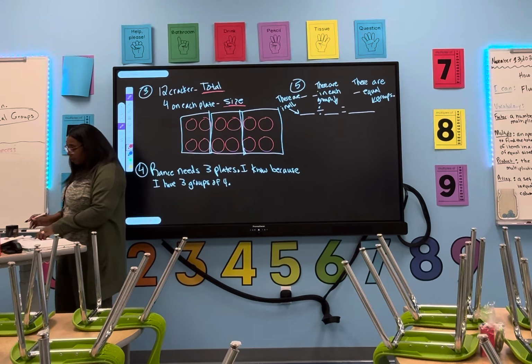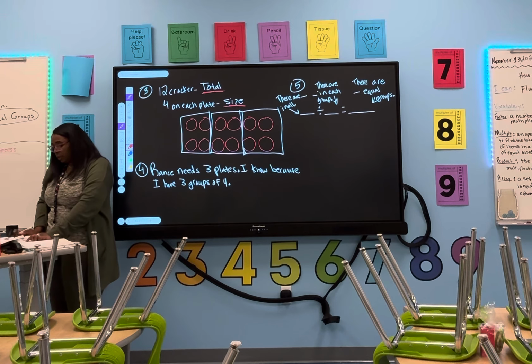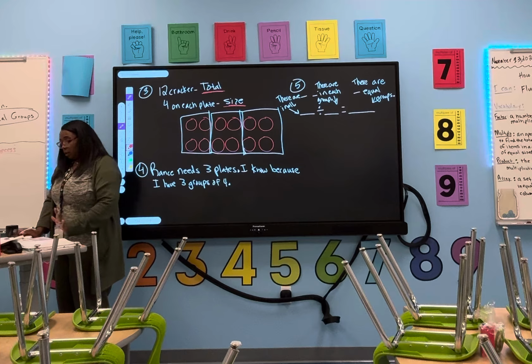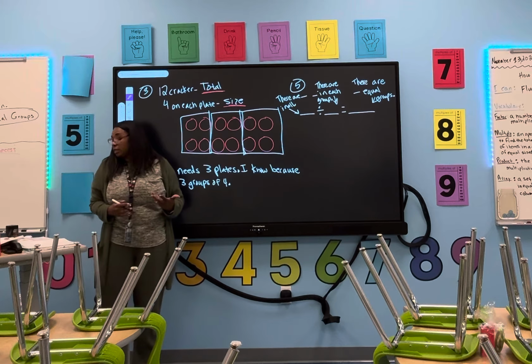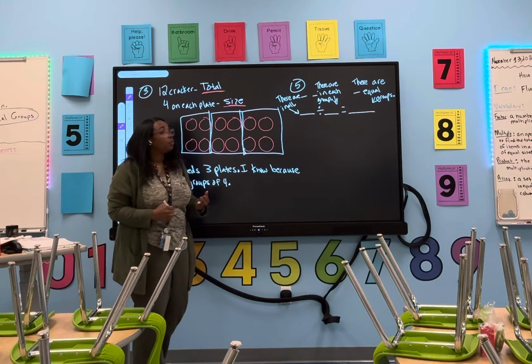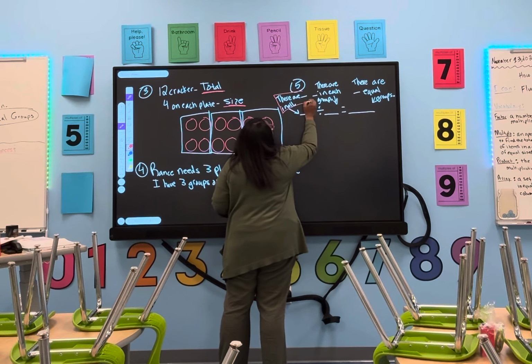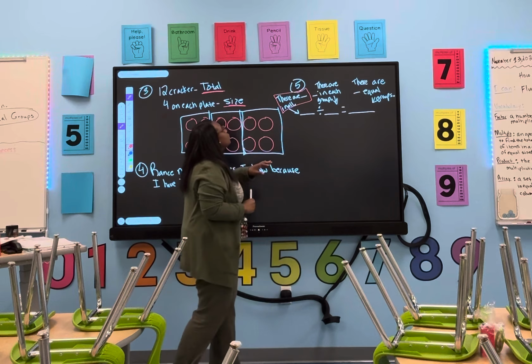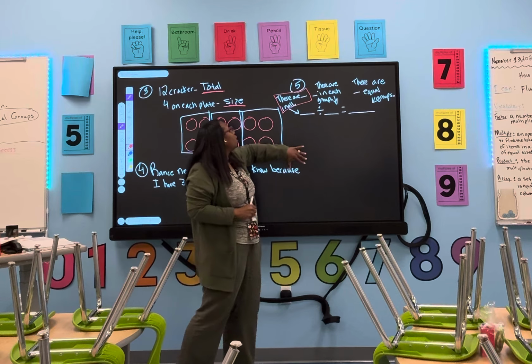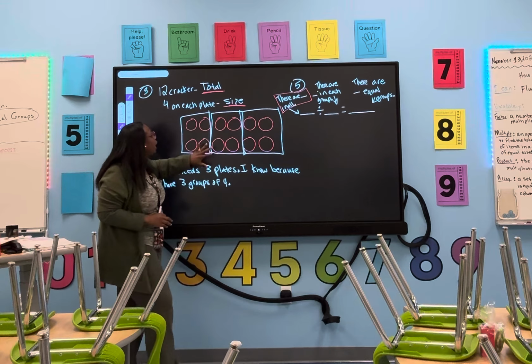So let's go ahead and fill that in. First of all, it says fill in the blanks to complete the division equation for the problem. So let's start with our first box. It says there are blank in all. So let's look at how many we have in all.